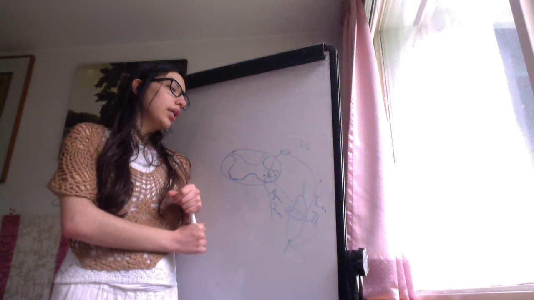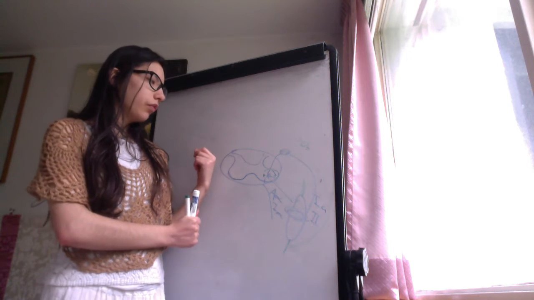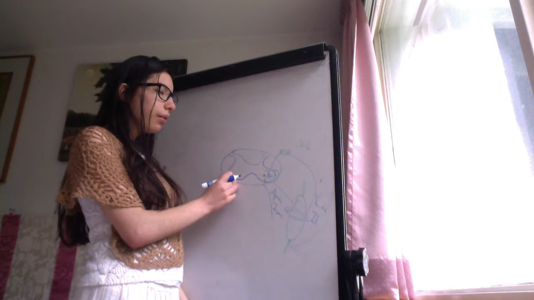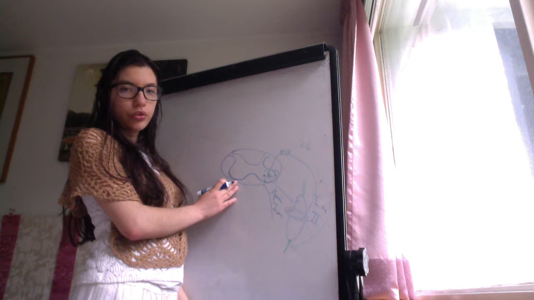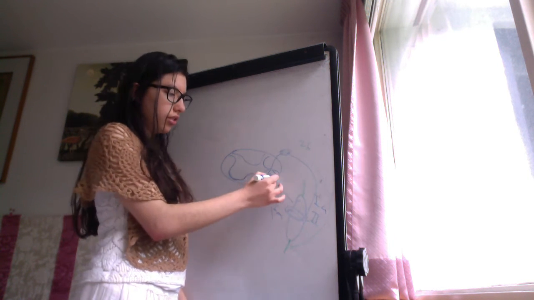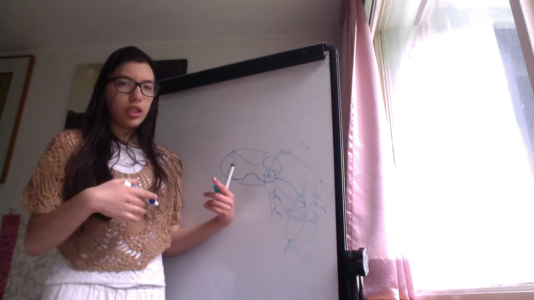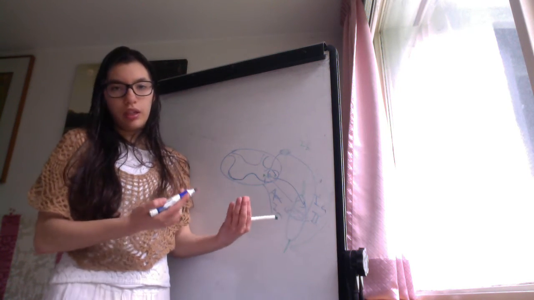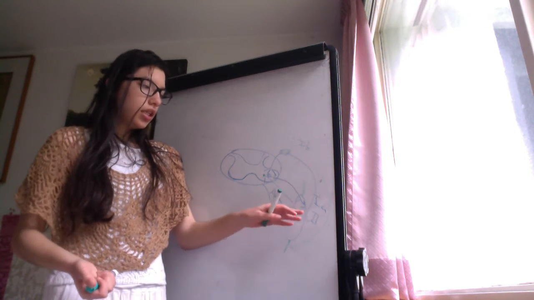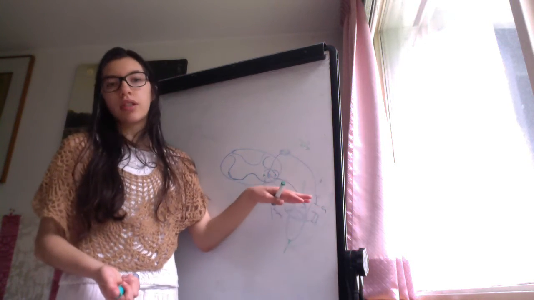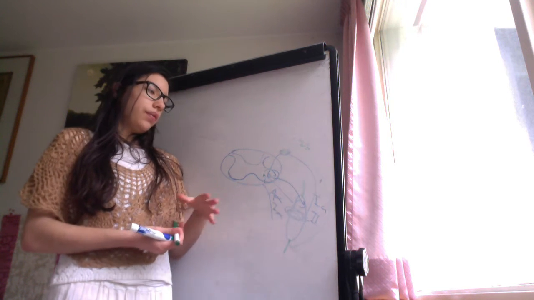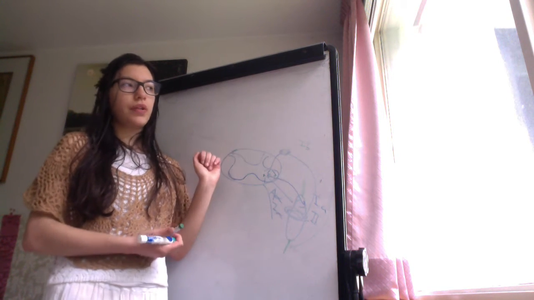Now, another thing is the influence of upper motor neurons on gamma lower motor neurons. Gamma lower motor neurons innervate these intrafusal fibers, and when the intrafusal fibers are innervated by this gamma motor neuron, they contract, they stretch, and when they stretch, this is sensed by type 1A fibers and type 2 fibers, depending on whether it is active or inactive. If it is active, then we transmit the reflex.